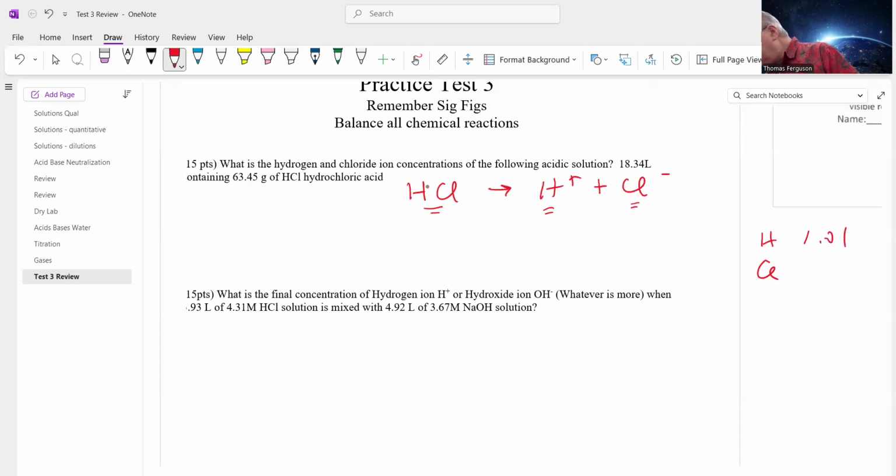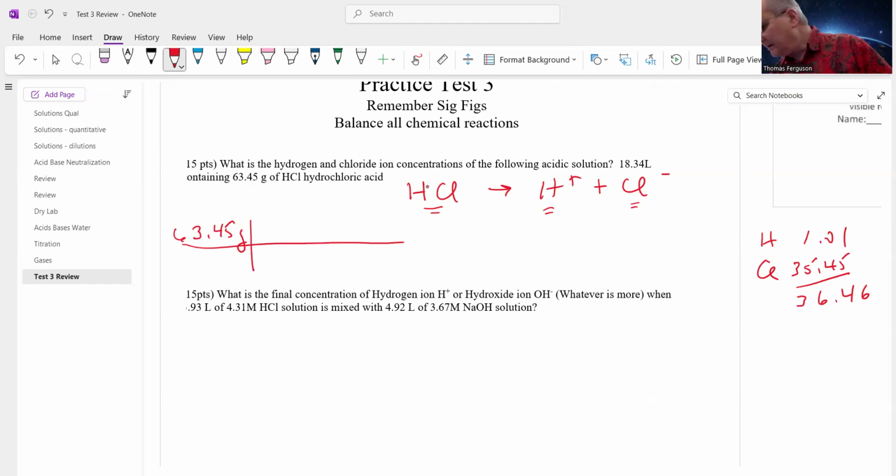H is 1.01, chloride is 35.45. So we're looking at 36.46 grams. Okay, that'll give us moles.